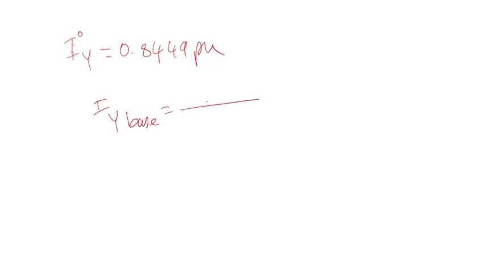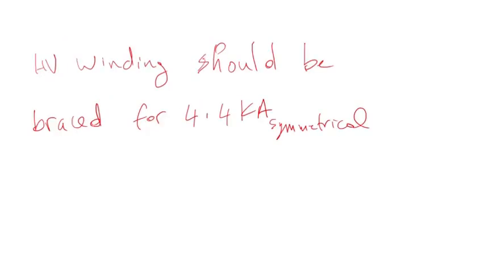So, I calculated the zero sequence current through the tertiary is 0.8449 per unit. Let's assume I have a base... Sorry, I have to go back.